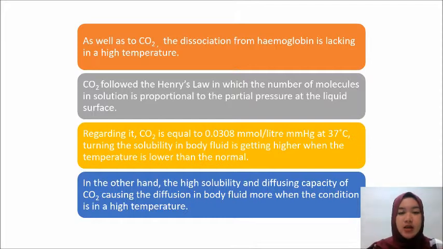According to it, carbon dioxide has a value of 0.0308 mol per liter at 37 degrees Celsius, so the association of carbon dioxide in the body fluids gets higher when the temperature is high. So in simplicity, the higher diffusion and solubility of carbon dioxide will ease the diffusion in body fluid at high temperature.